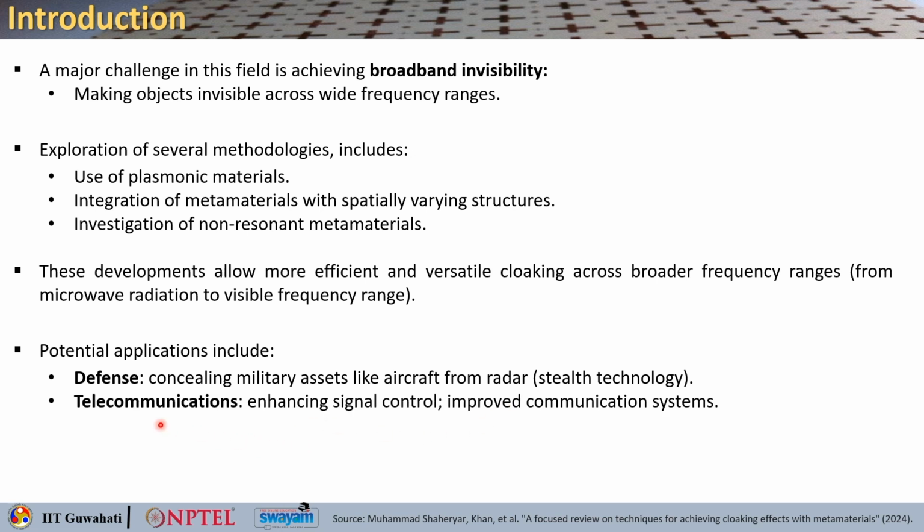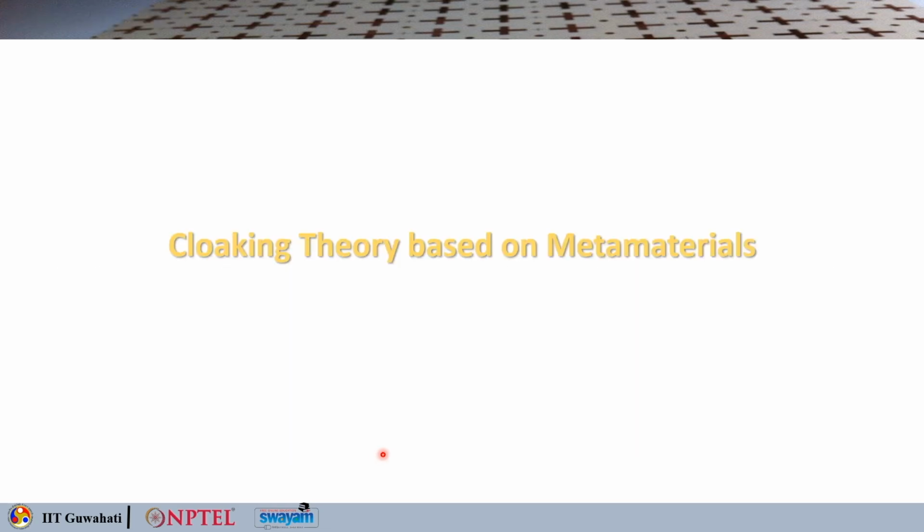Then you can have telecommunications, where you can use this kind of technology to enhance the signal control and also improve the communication systems. They can also be used in medicine by enabling more effective imaging techniques using light or any other electromagnetic waves that can actually help you in better diagnosis, okay, and targeted treatment.